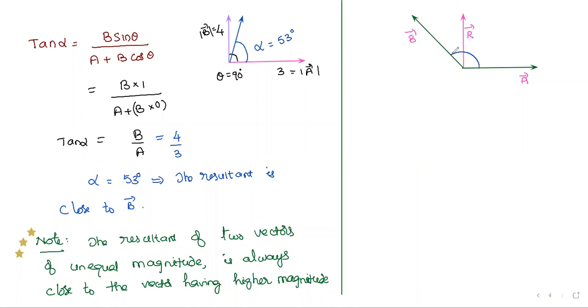The angle between them is 110 degrees, 120 degrees, 135 degrees, 150 degrees, any angle more than 90 degrees. But keep in mind, alpha, the resultant is making exactly an angle alpha equal to 90 degrees. First, you understood the diagram?